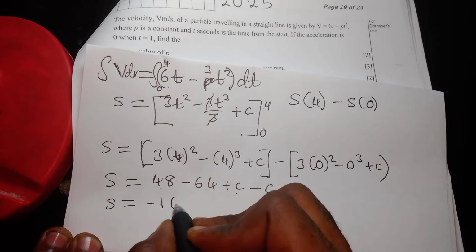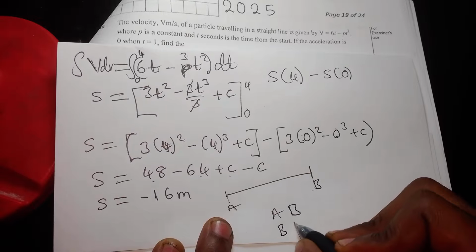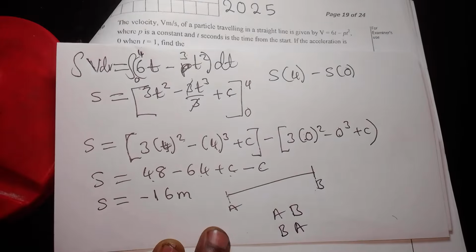The difference between displacement and distance is that distance is just the length from one point to the other without considering the direction, but this one is a vector quantity. So the displacement AB, from A to B, is not the same as the displacement from B to A, despite having the same magnitude.